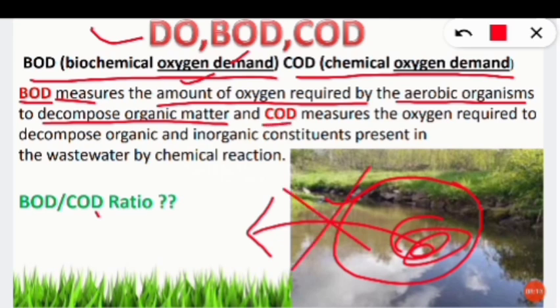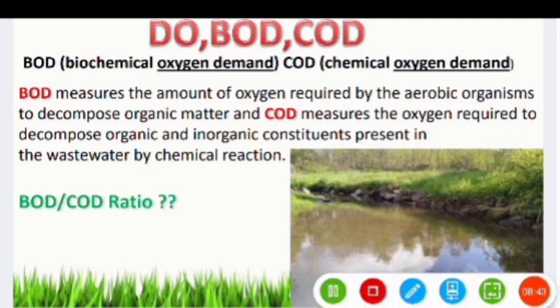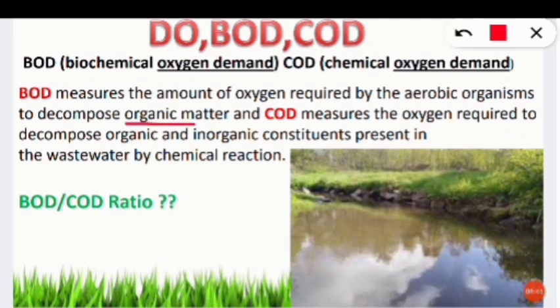Similarly, what is COD? BOD means the amount of oxygen needed for the decomposition of organic matter. COD means the amount of oxygen required to decompose both organic and inorganic constituents present in the water, that is, the wastewater. So the COD will be higher because it considers both organic and inorganic constituents, but BOD considers only the organic matter present in the water.